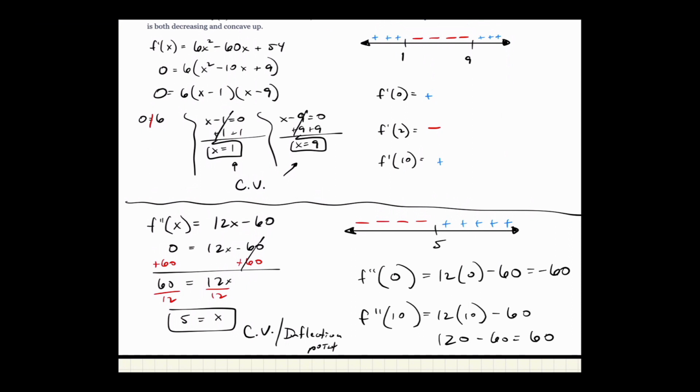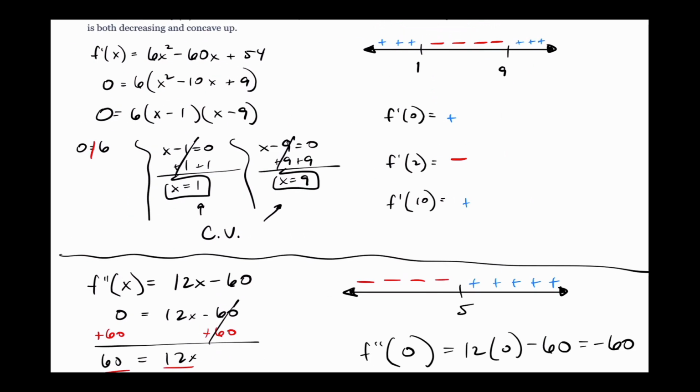Okay, so now I have all the information I need. I just need to answer the question. We know where it's decreasing, right? It's decreasing from 1 to 9. We know where it's concave up. From 5 to infinity.